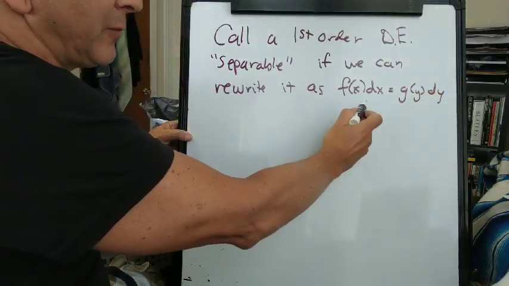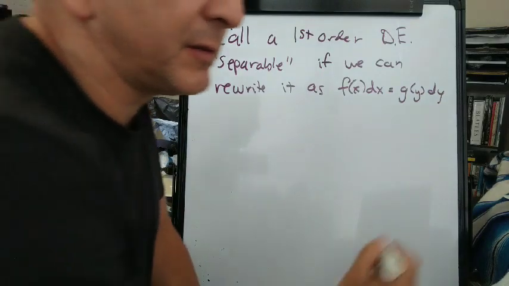So all the x's and the dx on one side, all the y's and the dy on the other side.